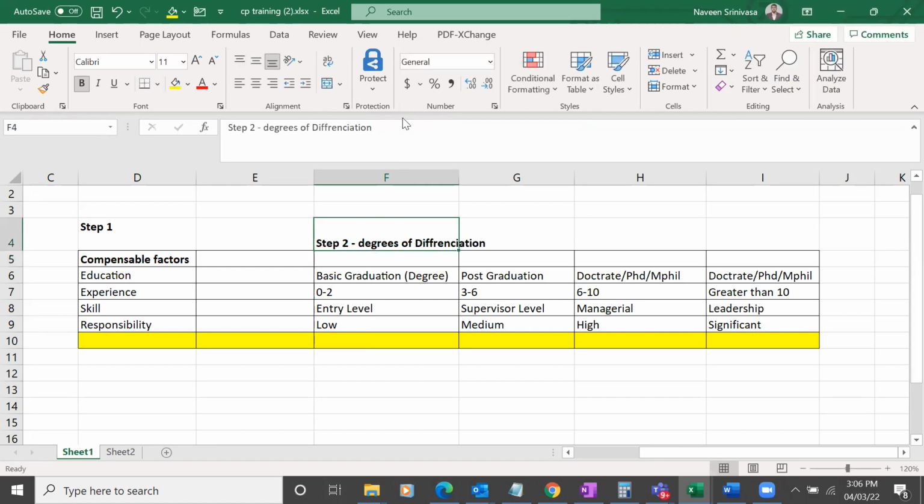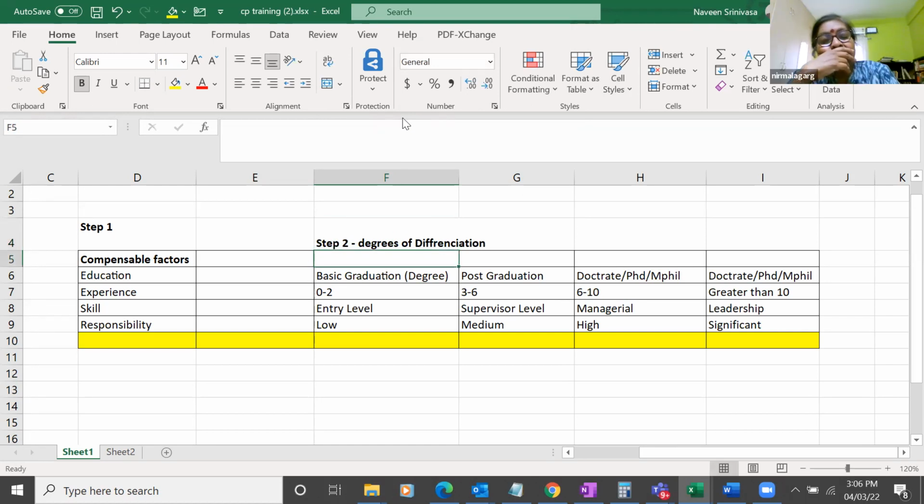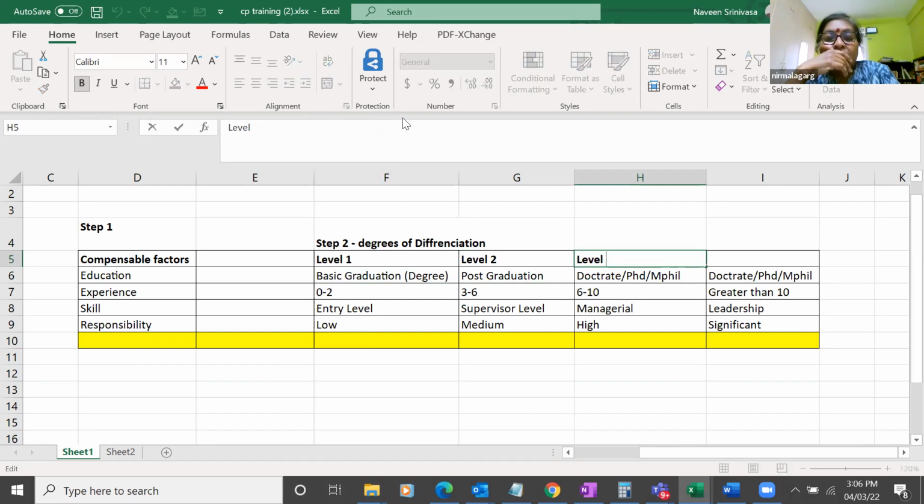Now you write under F below that step 2, level 1. Under G, level 2. Under H, level 3. And under I, level 4.